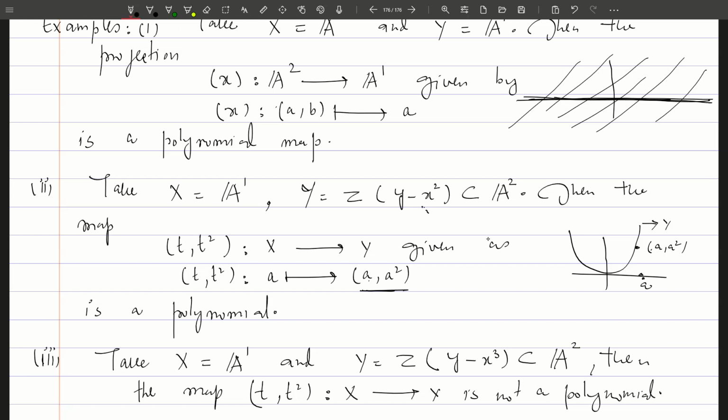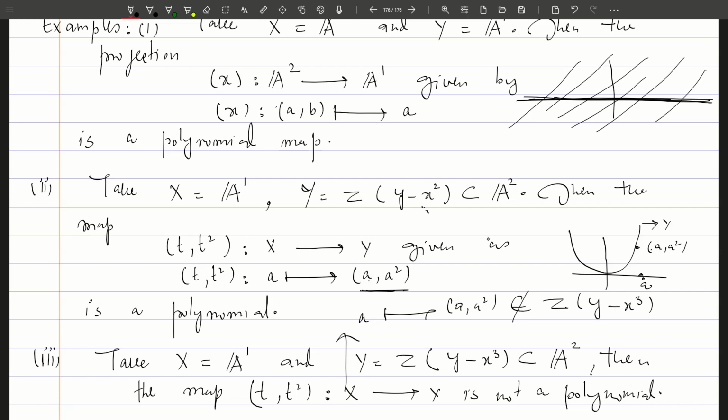Since it does not define a map, because if I take any point a here, it goes to a square, and this a square does not belong to the zero set of y minus x cube.